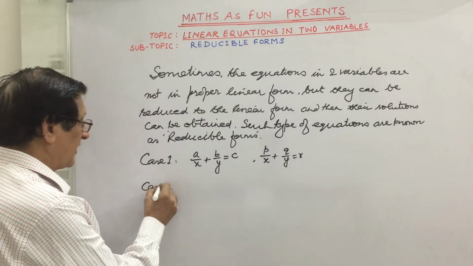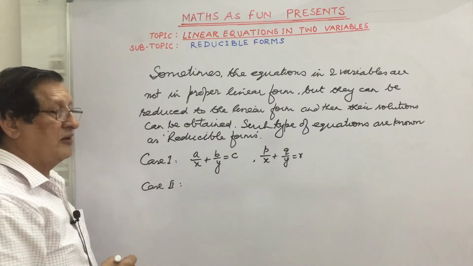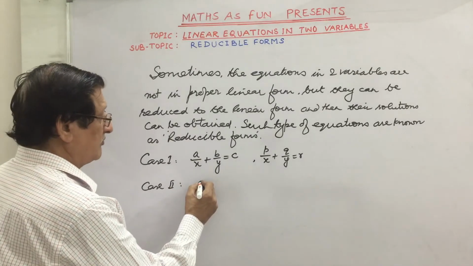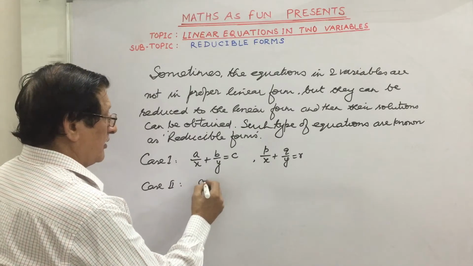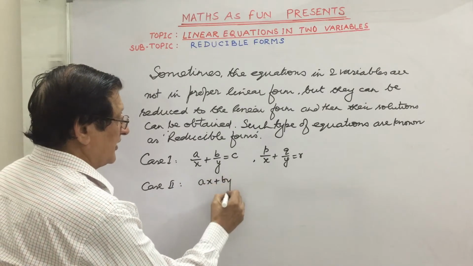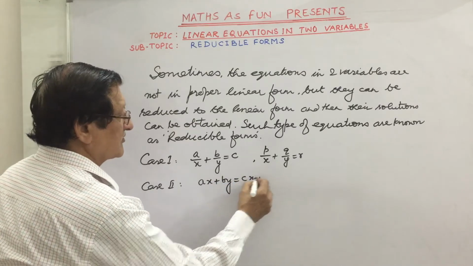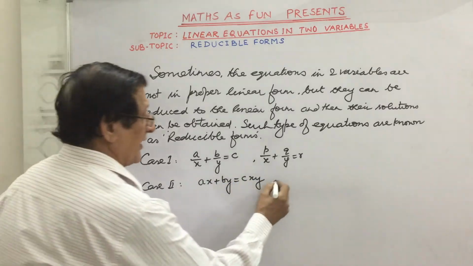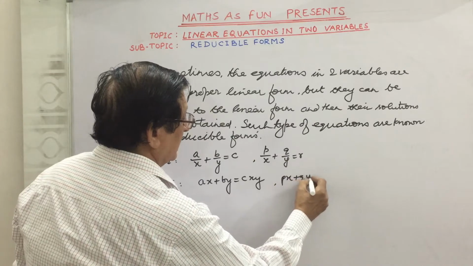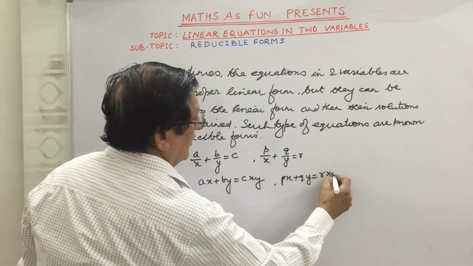Case 2 we will have when the equation is in the form ax plus by equal to cxy and px plus qy equal to rxy.